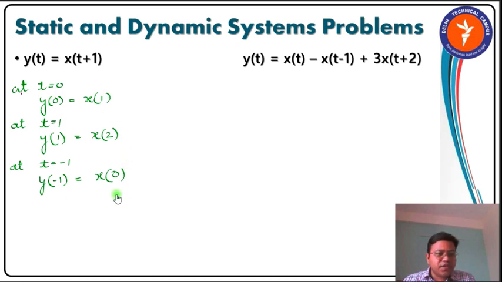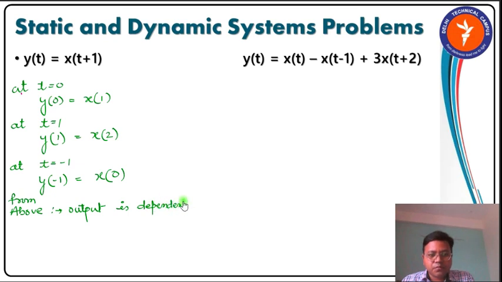So all these equations are saying that, from the above discussion, we conclude that the output is dependent on future inputs.